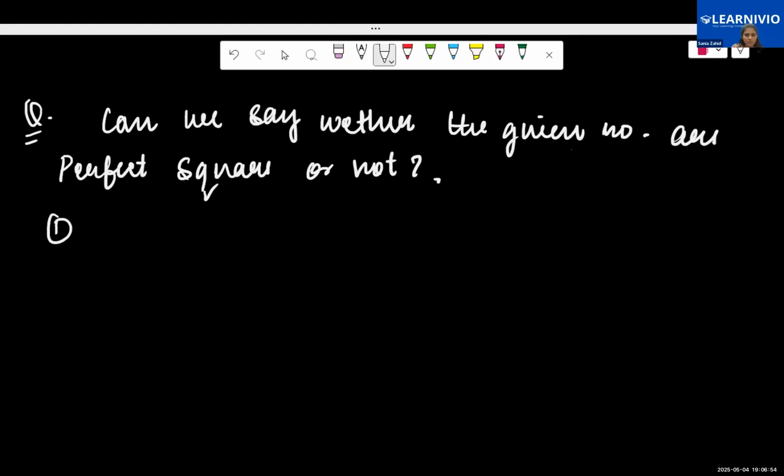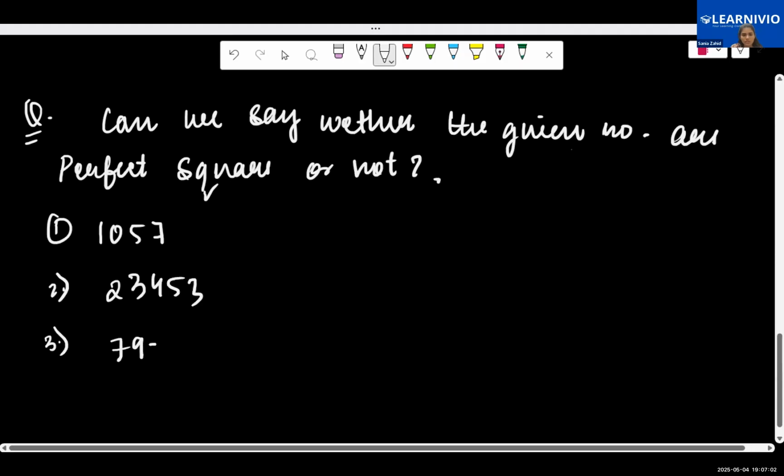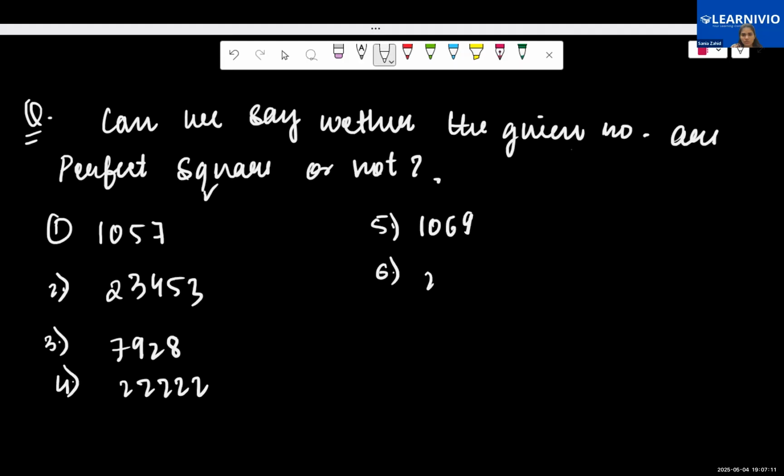I have a list of numbers: 1057, 23453, 7928, 22222, 1069, 2061. Okay, so look at these numbers and tell me whether they are perfect squares or not.